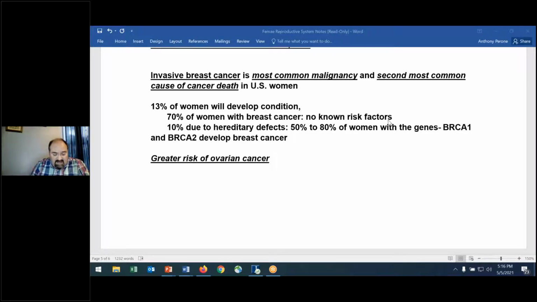Many people, and you've seen this in the news, Angelina Jolie was one of them, and there are other actresses who have been advocates, have preemptively had a removal of the breast to prevent the risk of breast cancer.